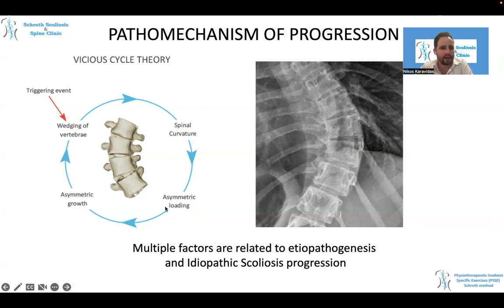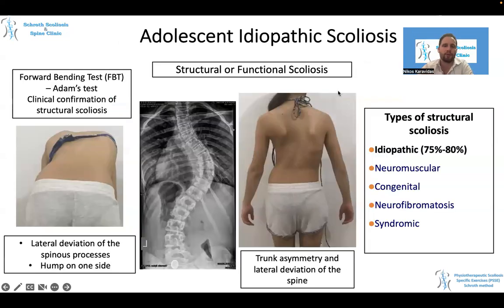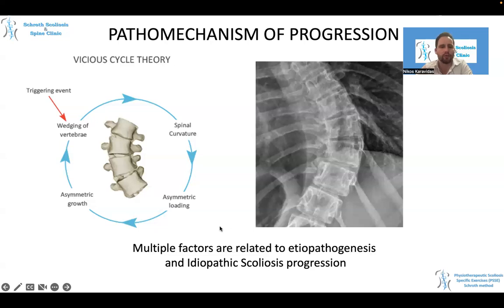So we have asymmetrical loading, which causes asymmetrical growth, vertebra wedging, more scoliosis, more asymmetrical loading, more asymmetric growth, more vertebra wedging, more scoliosis. So we have a vicious cycle that develops to make scoliosis progress. And this is the mechanical explanation of scoliosis progression.